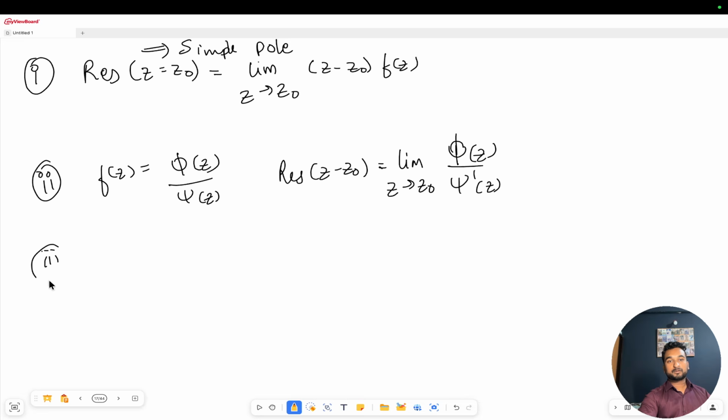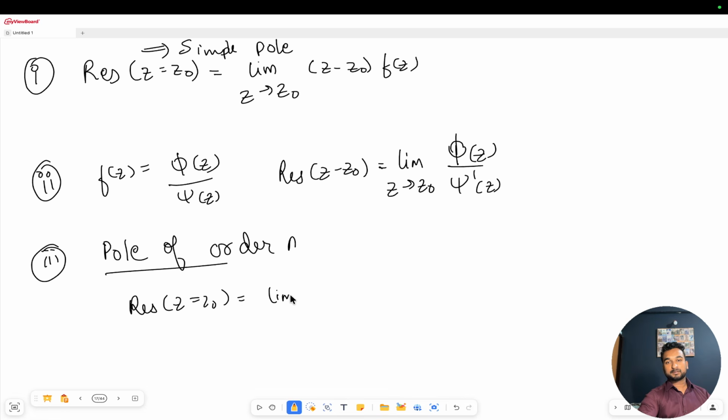Third, for a pole of order n, the residue at z equals z naught will be equal to limit z tends to z naught 1 upon n minus 1 factorial d to the n minus 1 by dz to the n minus 1 of z minus z naught to the power n f of z.